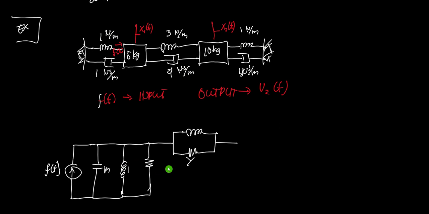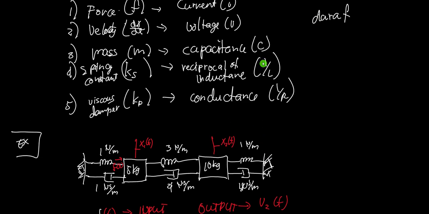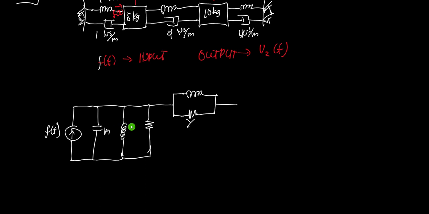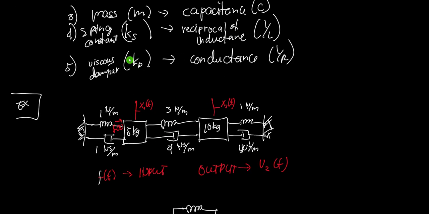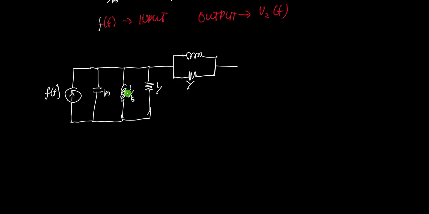So the inductance here, 1 over L here, is equivalent to the spring constant. So this will be 1 over Ks. For this one, this is equivalent to 1 over Kd.